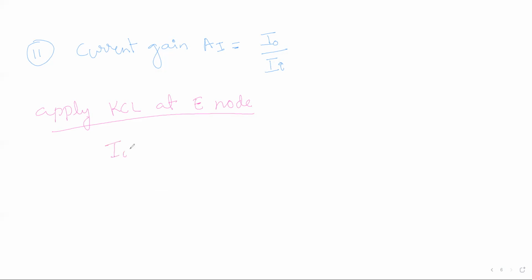That would be Ii plus V pi upon R pi plus V pi upon Re plus gm V pi is equal to 0.